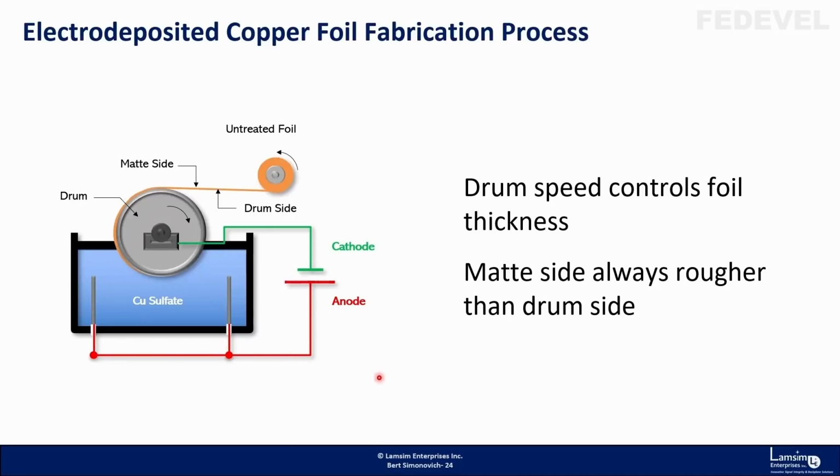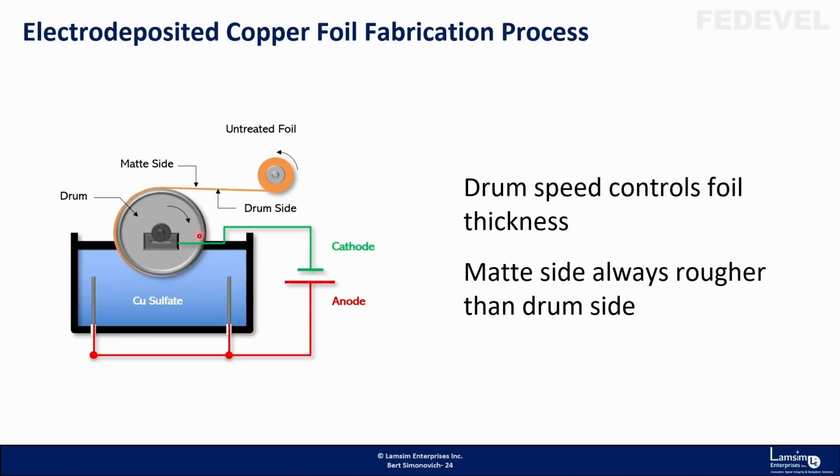So this is how the electrodeposited copper fabrication process happens. They have a large drum made of stainless steel or titanium, very smooth, and it's partially submerged in a vat of copper sulfate solution.